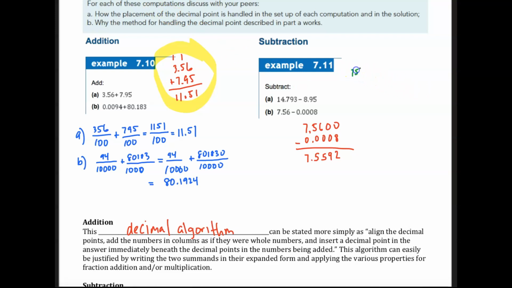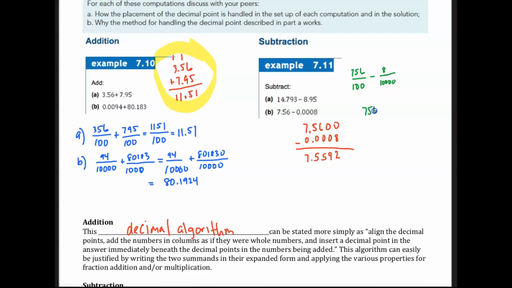So this is 7,156 minus 8 over tenths, hundredths, thousandths, 10,000ths. And so in order to do this arithmetic, we need to make sure that it has the same denominator.